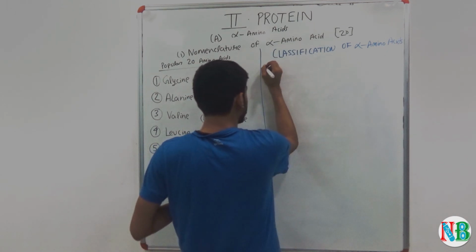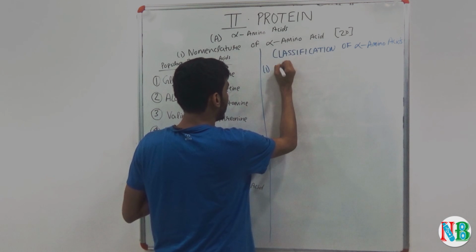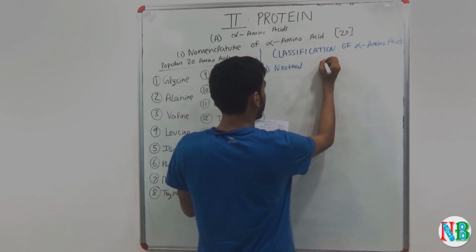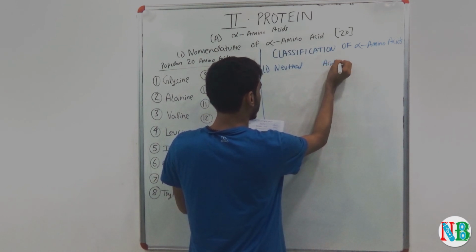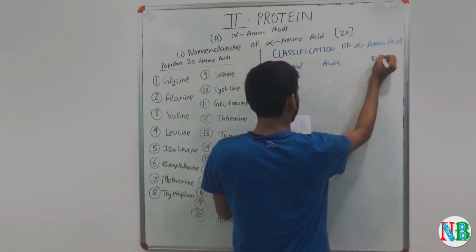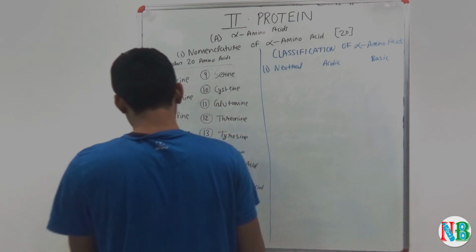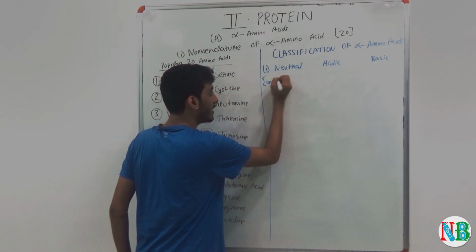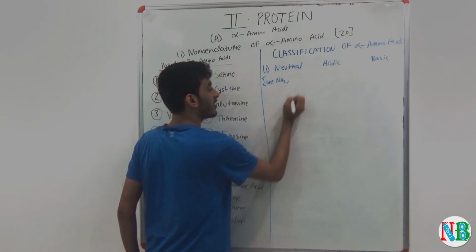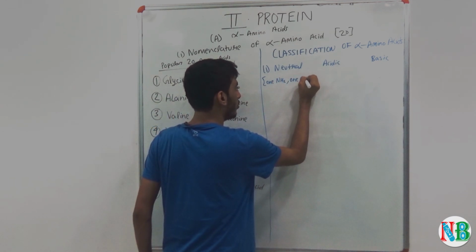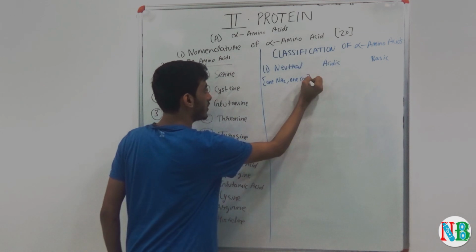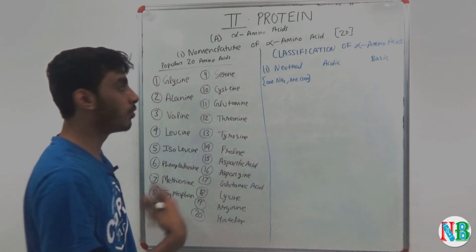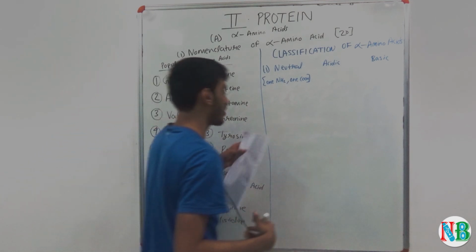So the first thing I just said is they can be classified as neutral, acidic and basic. In the case of neutral, you have one NH2, one amino group and one COOH group. If the acidic and the basic groups are in equal number, then the overall compound will be neutral in nature.